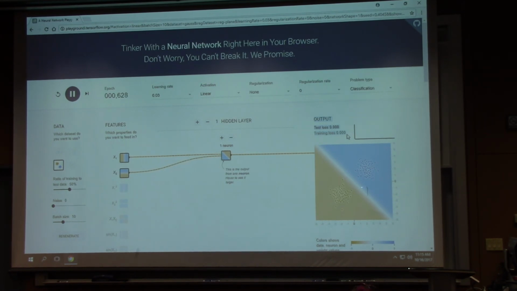And the test loss is how well it is doing with respect to the test data that was not shown to it. It was only shown later. And you notice that this was learned perfectly. You know that it's learned perfectly because test loss is 0, training loss is 0.